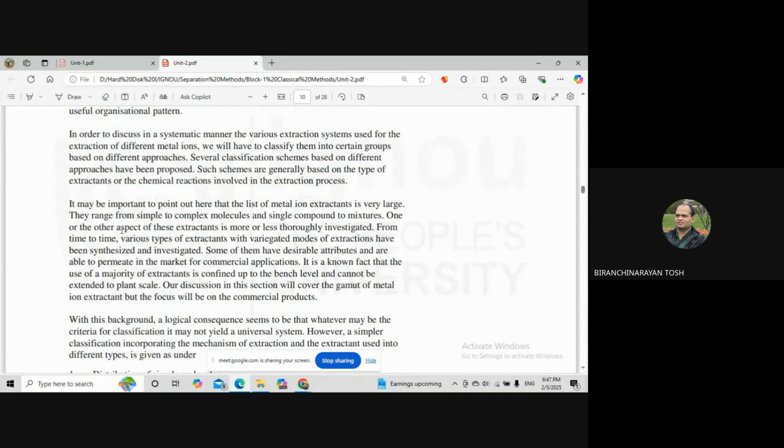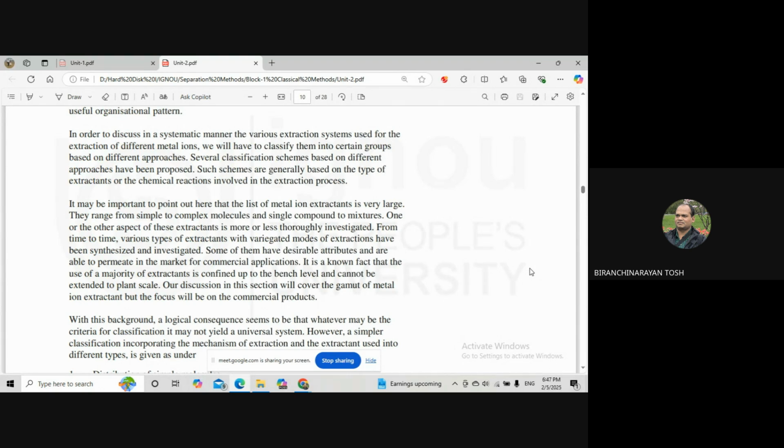So, it may be important to point out here that the list of metal ion extractants is very large. They range from simple to complex molecules and from single compounds to mixtures. So, with this background, whatever the criteria of classification may be, it may not yield a universal system.